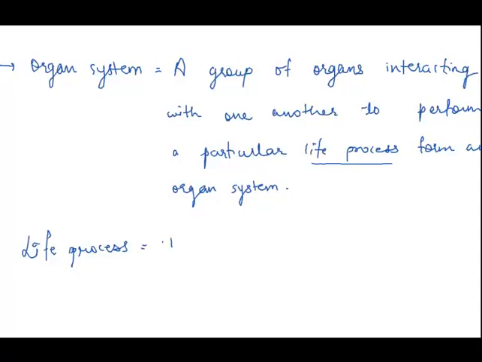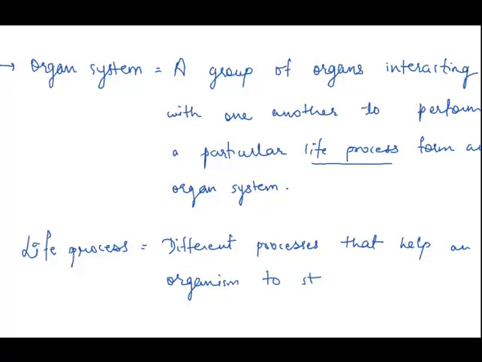Life process means different processes that help an organism to stay alive. So a group of organs interacting with one another to perform different processes that help an organism to stay alive form an organ system. For example, digestion, respiration, reproduction, etc.